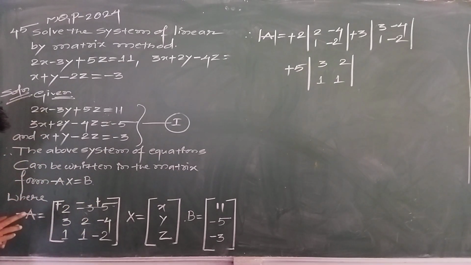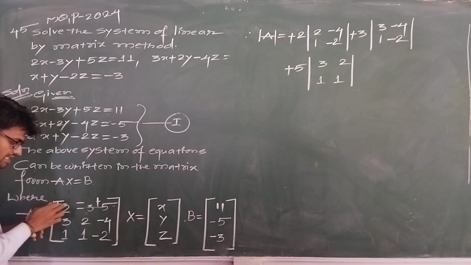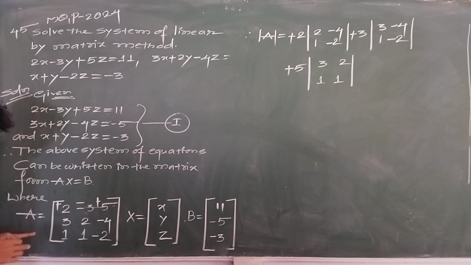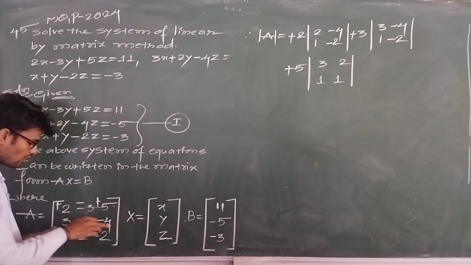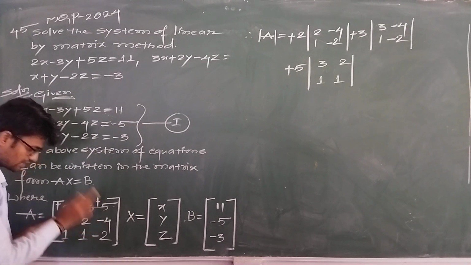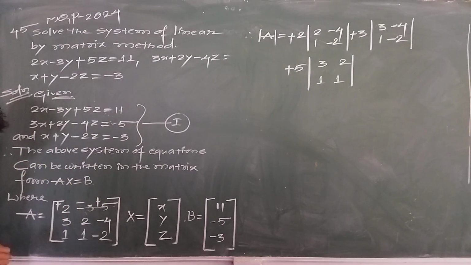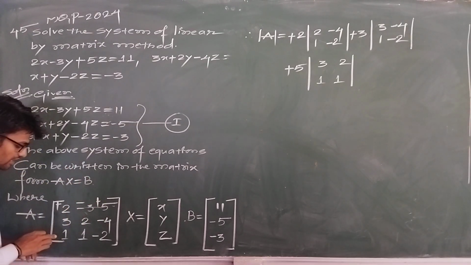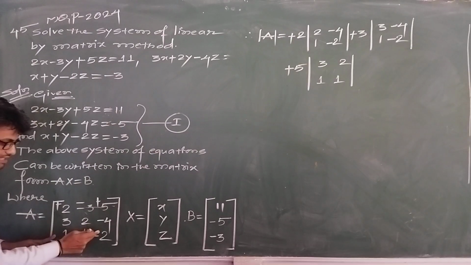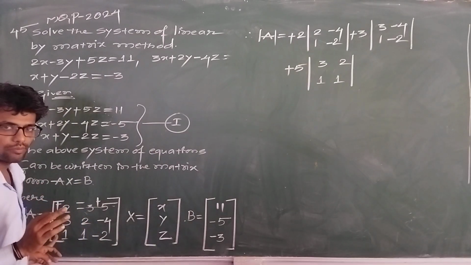When expanding along the first row you write plus, minus, plus. When expanding along the second row, you write minus, plus, minus. When expanding along the third row, you write plus, minus, plus. This is very important.